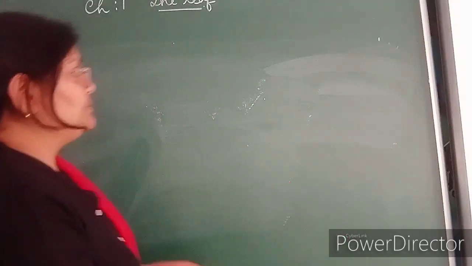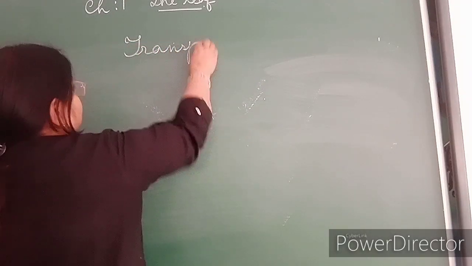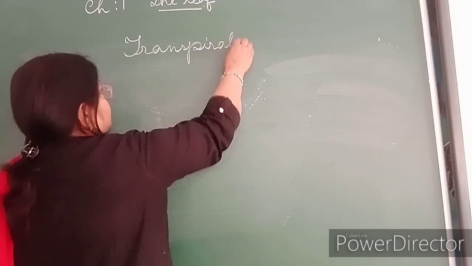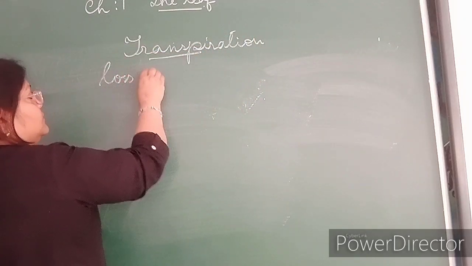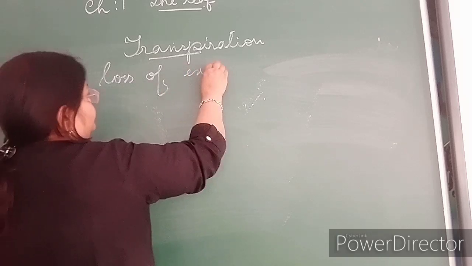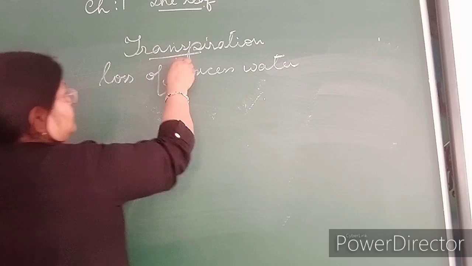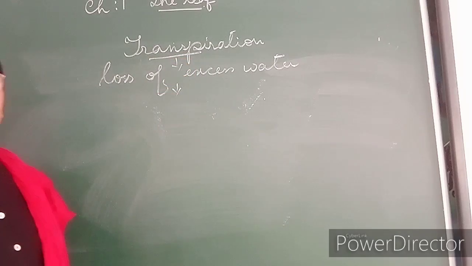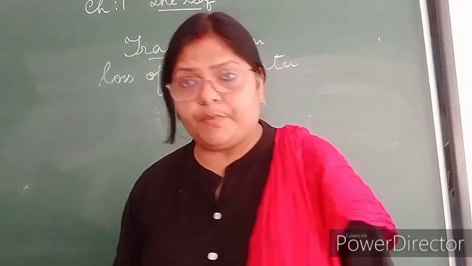Transpiration is loss of excess water. How is this water lost by the plant? It is lost by the plant in the form of water vapor.